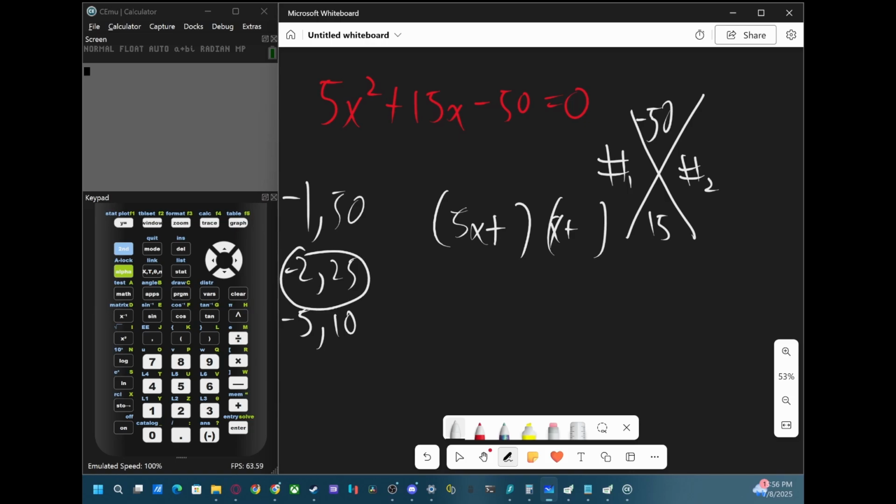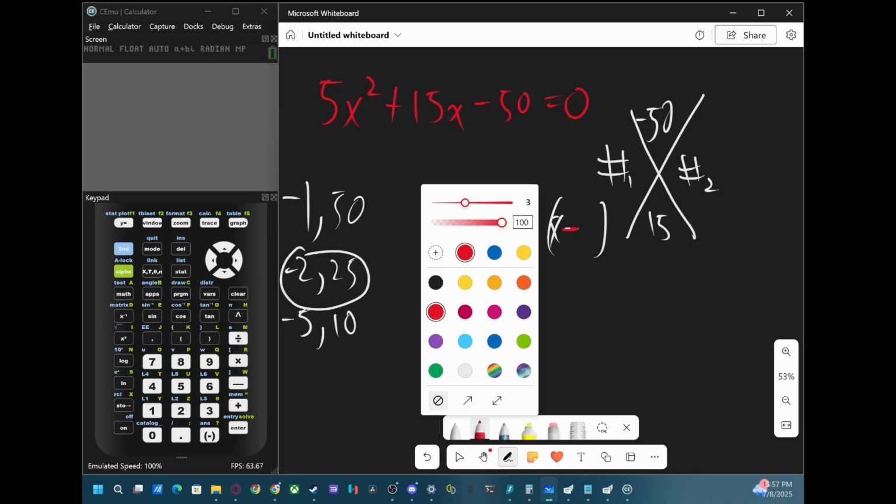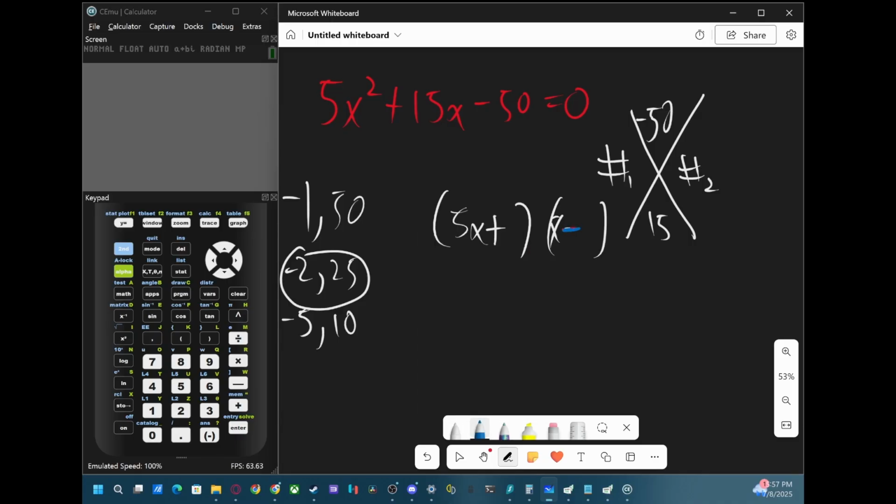That means we change this sign from plus to minus. Let's do blue. Minus 2 plus 25.